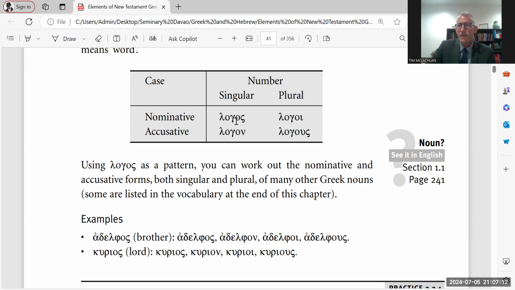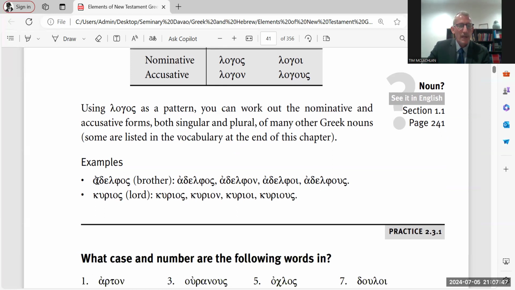And again, with the dictionaries, the nouns are going to appear in the nominative singular form. With the verbs, they had to choose a particular type of verb. So with the verbs, remember, we have the present, active, indicative. That's what appears in the dictionary. When it's talking about the nouns, it's always the nominative singular, masculine. That's the form that you'll get it in. Unless, again, it's a feminine noun, then you have the feminine form.